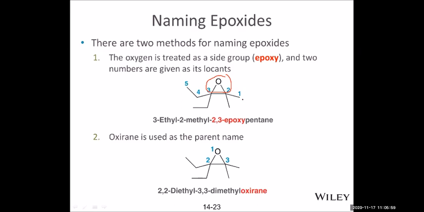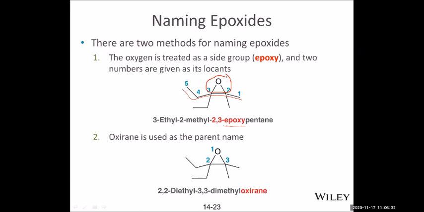So basically this compound, we name it as an alkane using the epoxy group, then we find the longest chain as the parent. Position 2 has part of the epoxide group. Position 2 also has a methyl group, and position 3 has the ethyl group and the other part of the epoxy group.